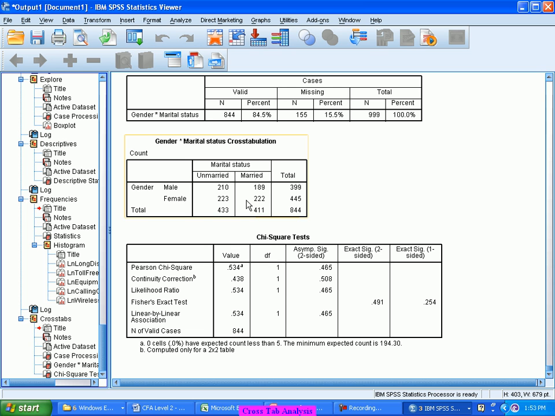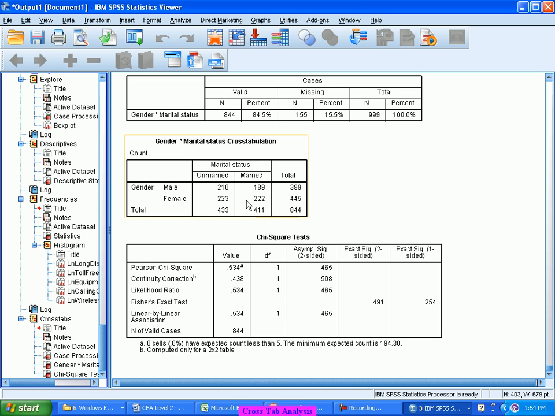Within that, I am trying to put some other variable, and asking, is the proportion of distribution uniform or not? This is when I am looking at the male-female dimension. If I look at the married-unmarried dimension, is the proportion of males and females in the married category uniform as in the unmarried category? Is it still the same? In both cases, our visual observation is saying there is some difference.